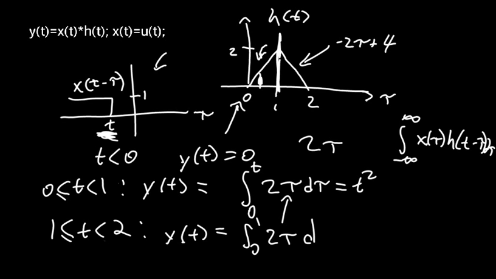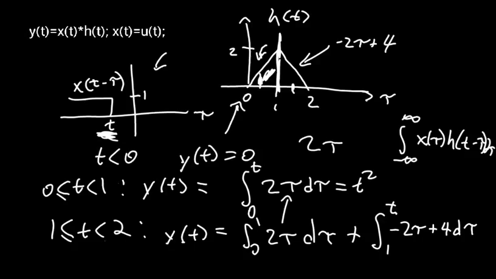It's still inside this triangle. So it's 2 tau d tau plus the integral from 1 to t, as t moves along somewhere between 1 and 2, of minus 2 tau plus 4 d tau.